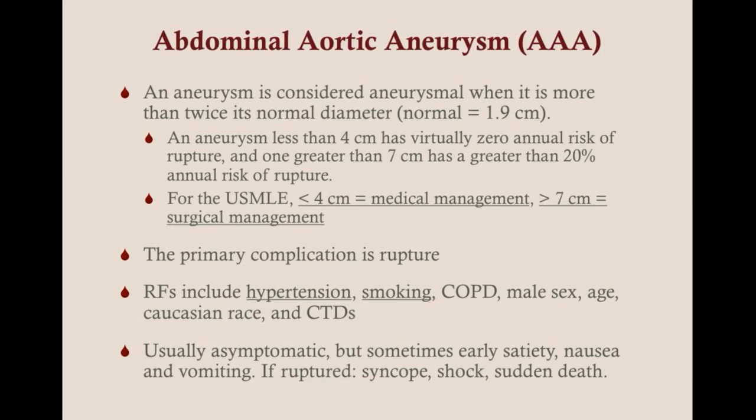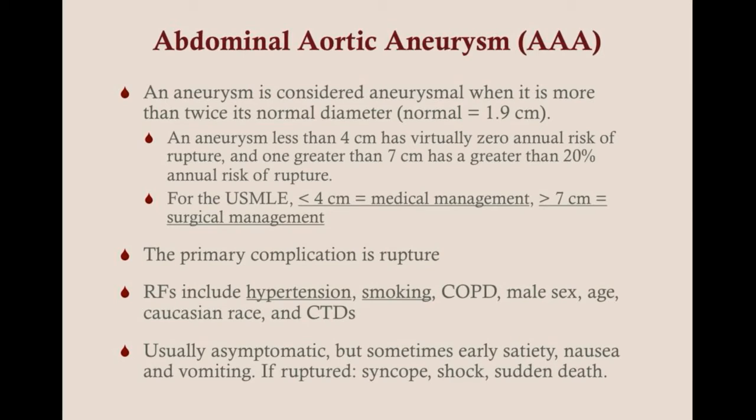And so for the USMLE, there's a lot of disagreement between surgeons and internists as to when we operate, when we do medical treatment. With the medical treatment, you don't have to open the patient up, so you avoid all those surgical risk factors. But with surgical therapy, you've got post-surgical morbidity and mortality, but then you also do have a definitive cure.